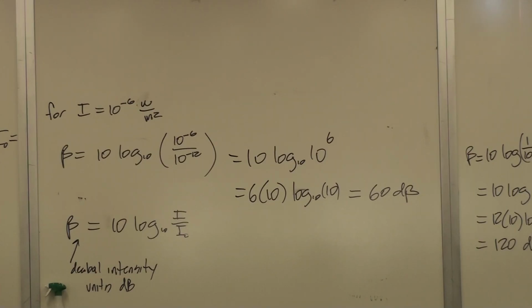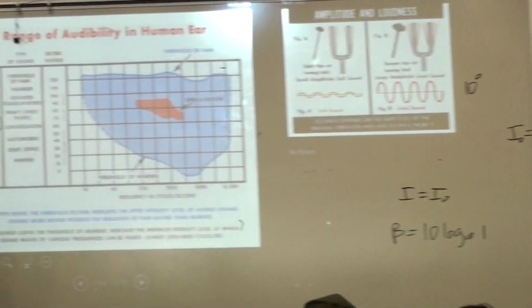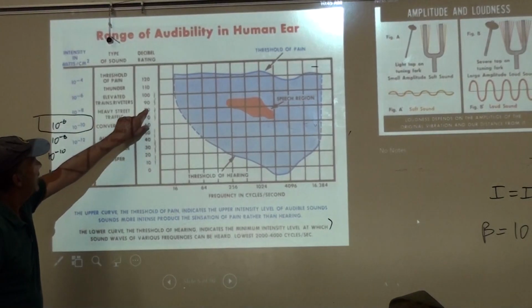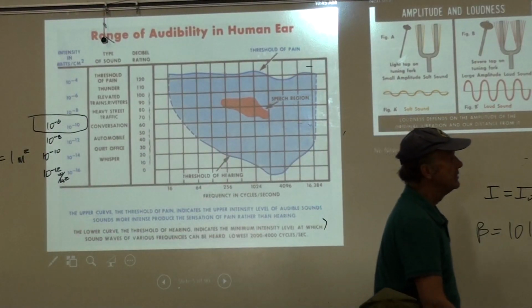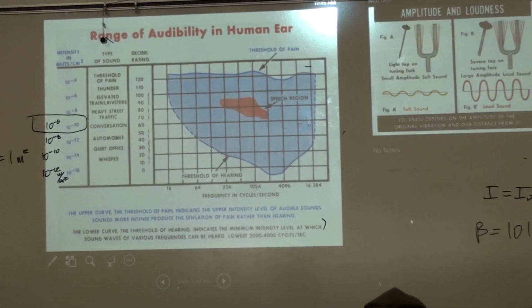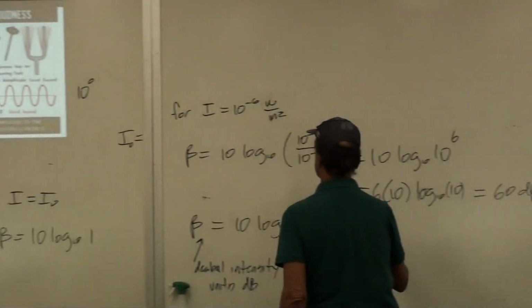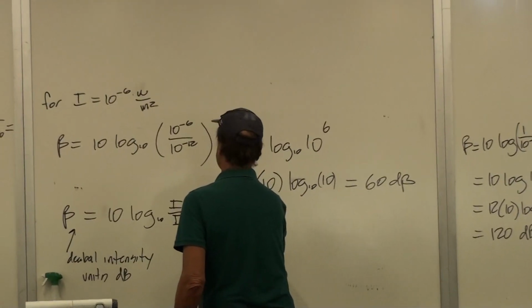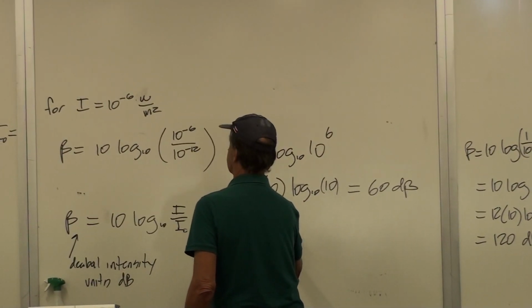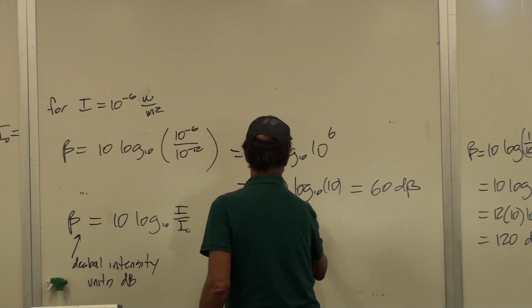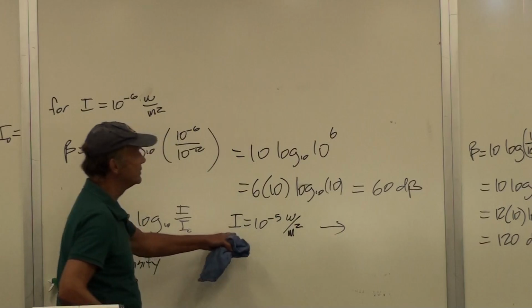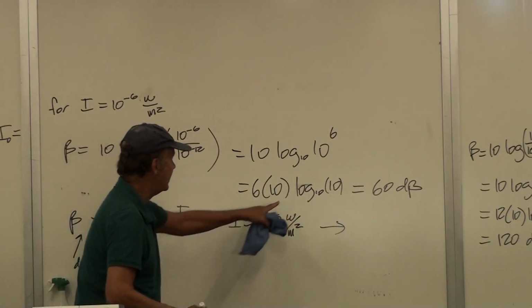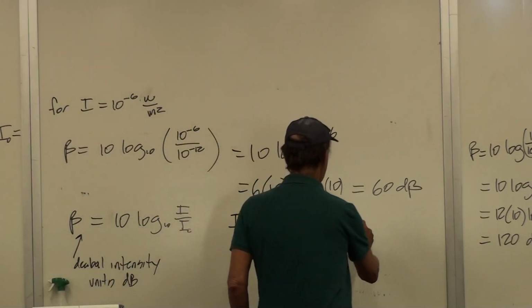Okay, so 60 dB then would be normal human conversation. Heavy street traffic might be 10 to 100 times more intense. So if we go up then to I equals 10 to the minus 5 watts per meter squared, that's 10 times as loud, okay, as this one, as conversation.